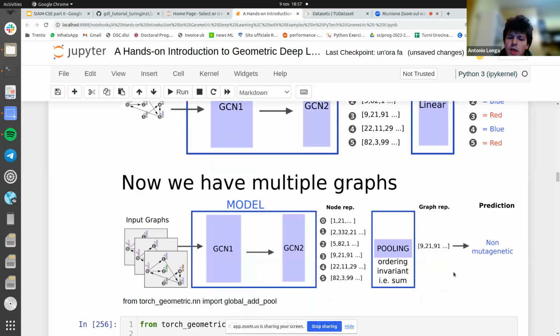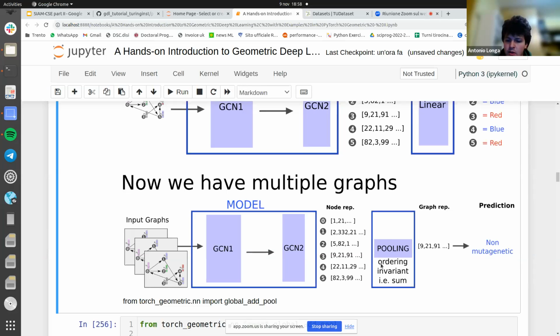So now what happened? We have multiple graphs, but it's not complex, because we take one graph at a time. We start, for instance, with the first graph, we compute a node representation, and then we have a pooling operator. This pooling operator, what does it do?